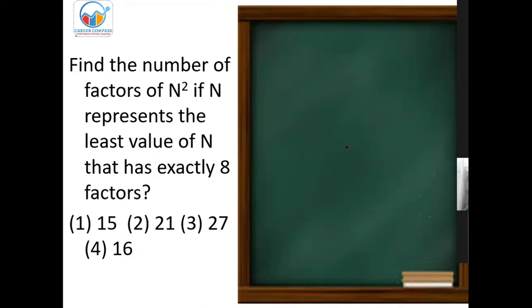Think of all situations where a number can have 8 factors. Definitely, since they are talking about the least value, you will take least prime numbers to begin with, no? Yes, sir. You will not take large prime numbers like 11, 13 or 17. You will take smaller prime numbers like 2, 3, etc. Given that, find all possibilities for n where n can have 8 factors.